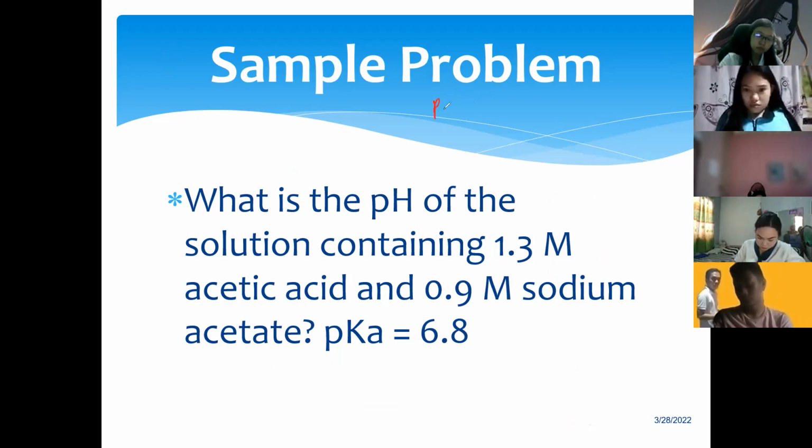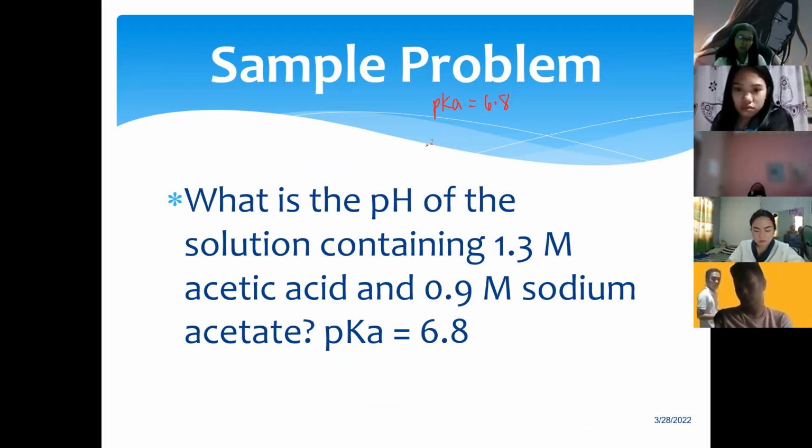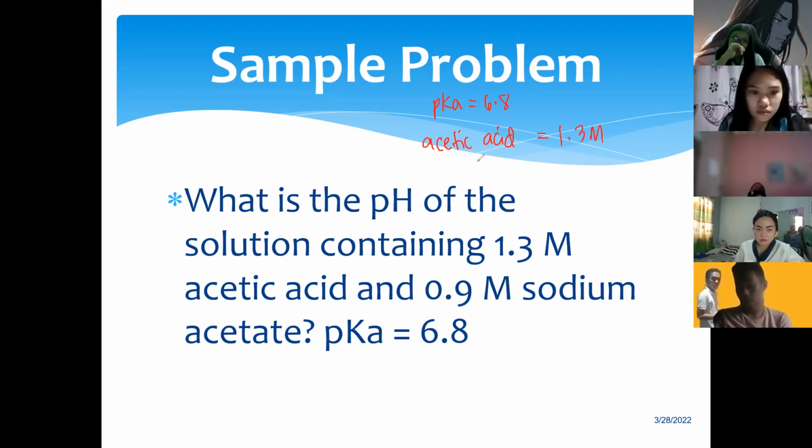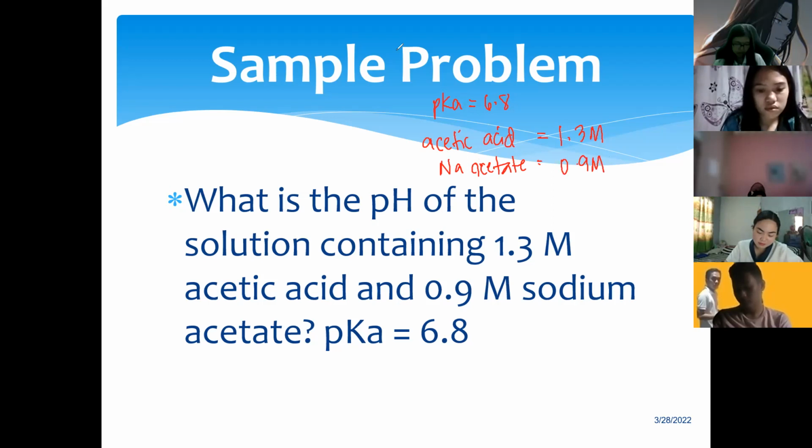So we have here the pKa is 6.8. And then you have there acetic acid. Remember, from the name itself, acetic acid, this is an acid, ang concentration niya 1.3 molar. And then yung sodium acetate will automatically become the salt, and ang concentration is 0.9.